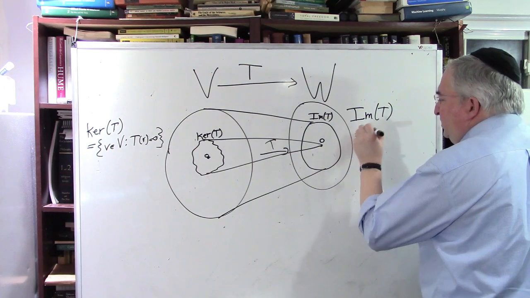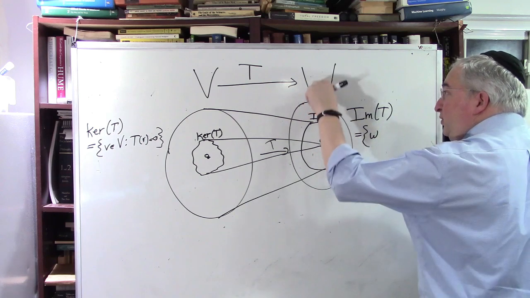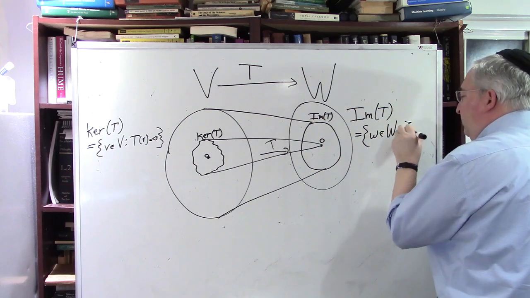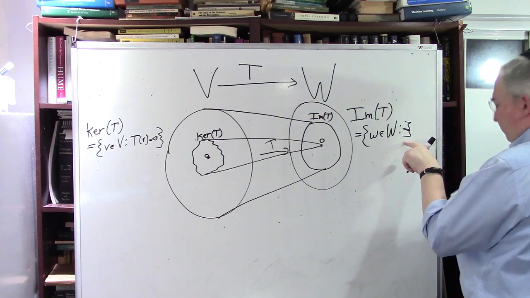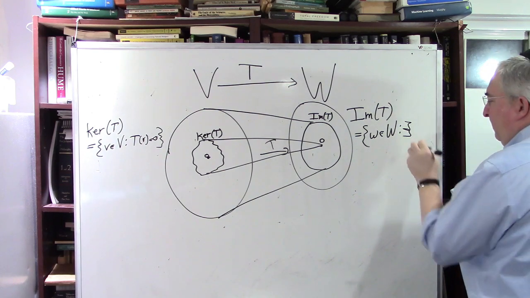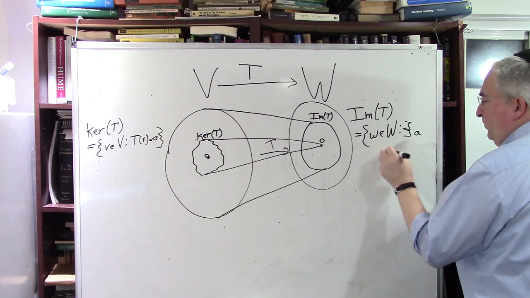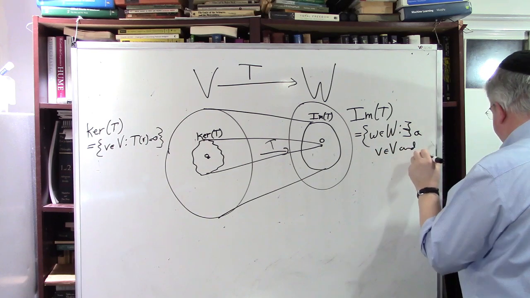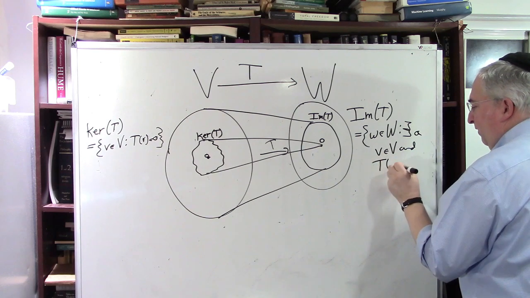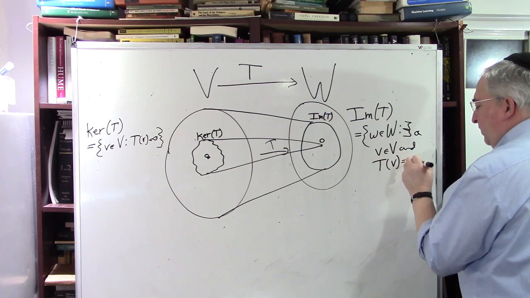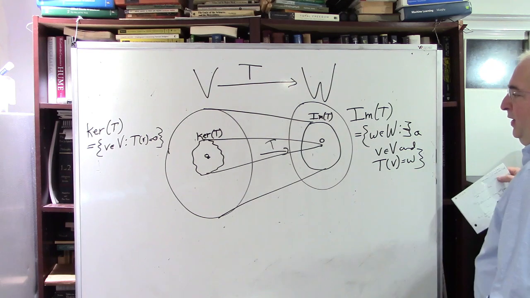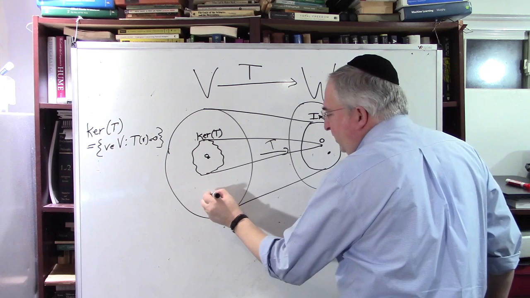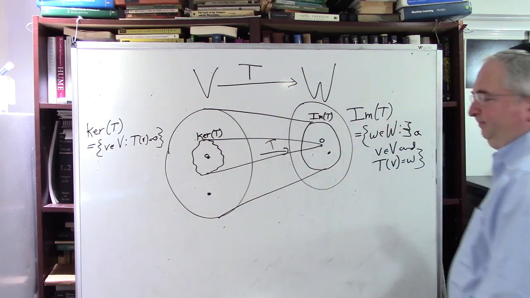So what is this? It's equal to little w's in W such that there exists a v member of V and T of v equals w. So every guy in here means that there's some guy in V that hits it.